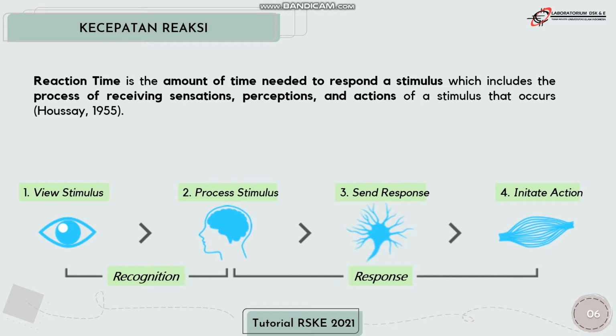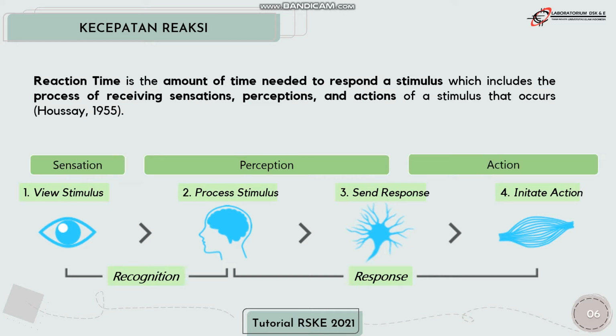When we view the chart on the screen, it can be seen that the recognition process is carried out in the five senses and then transmitted to the brain. Furthermore, the response process starts from the nerves that receive information from the brain, and then the information is forwarded into an action, or usually we call feedback, from certain stimuli.